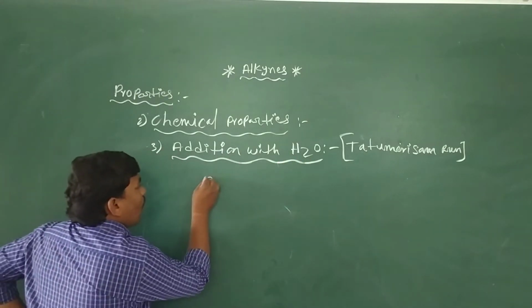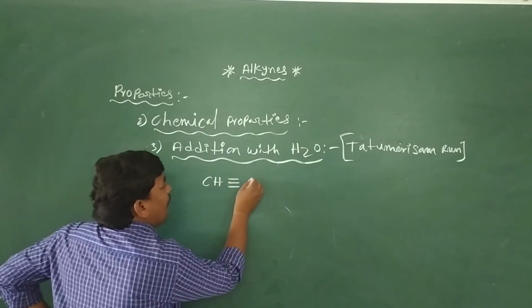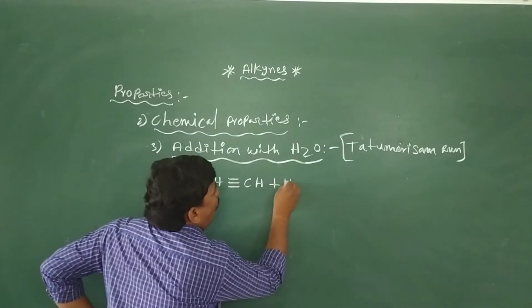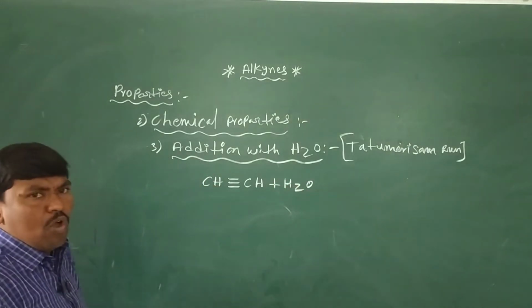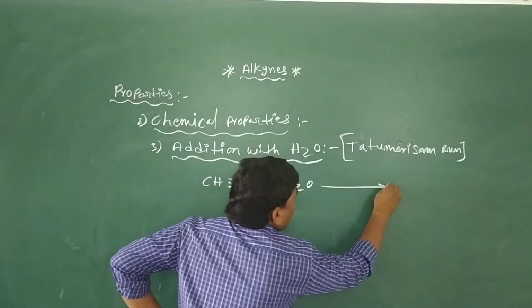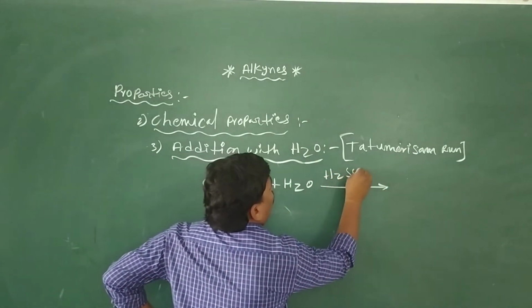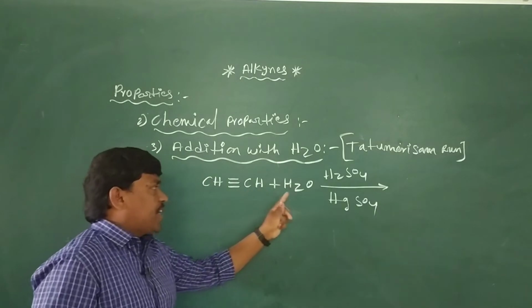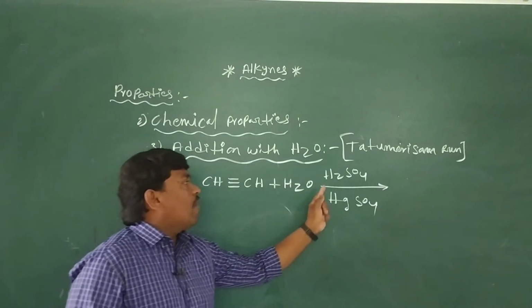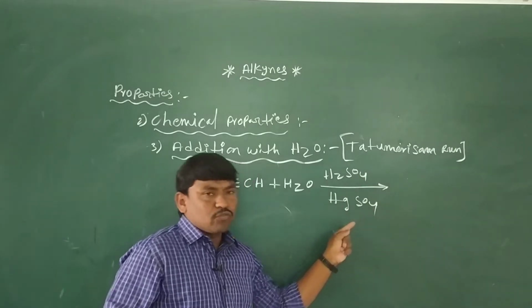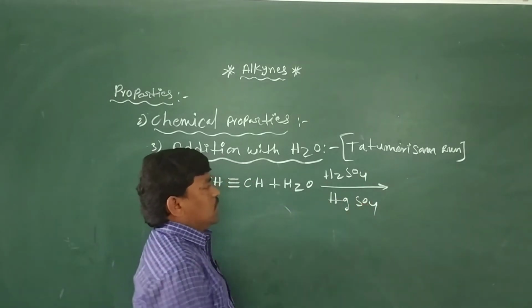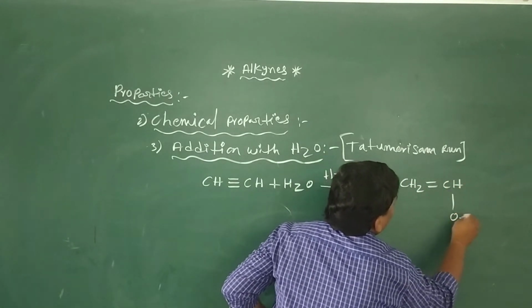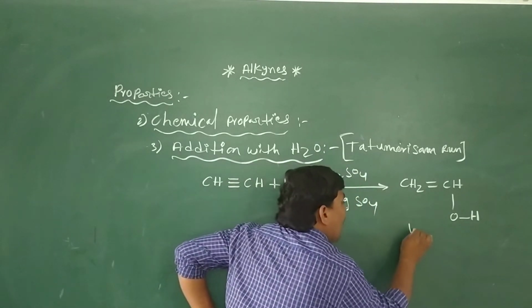For example, an alkyne with addition of water in the presence of H2SO4 or HgSO4 gives CH2=CHOH.